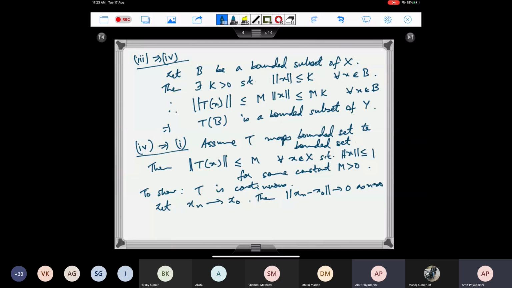So if we look at Txn minus Tx naught, this norm is the same as norm of T of xn minus x naught, because T is linear.